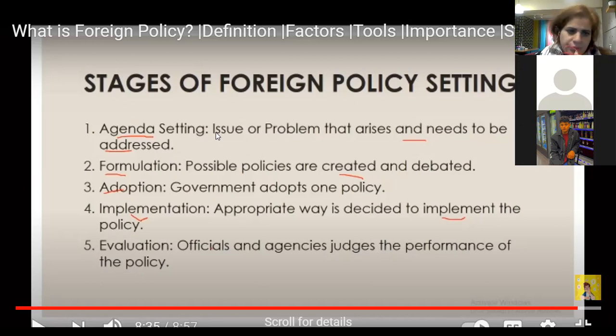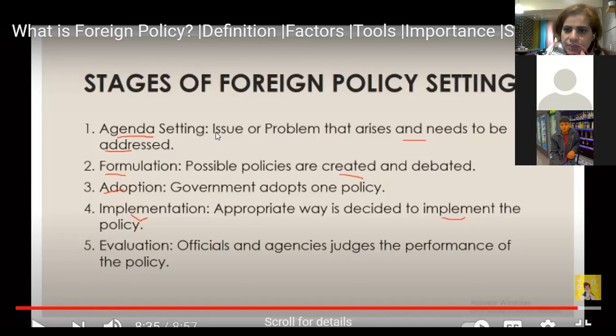Then the next step would be the formulation. Possible policies are created and debated. So, for example, there are policies that would solve the problem. Let's say they need to build a good relationship with another country that has an effective solution for the problem, and it's near them, so they believe it will be a good idea.